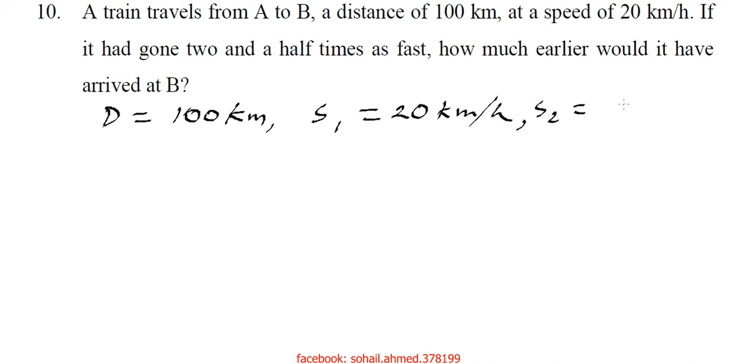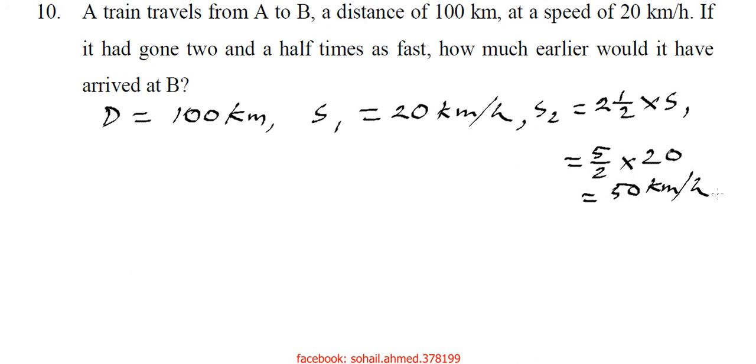S2 equals 2.5 times the initial speed S1, right? We can write 5/2 or 2.5, and S1 is 20. So finally we are getting 50 kilometer per hour.